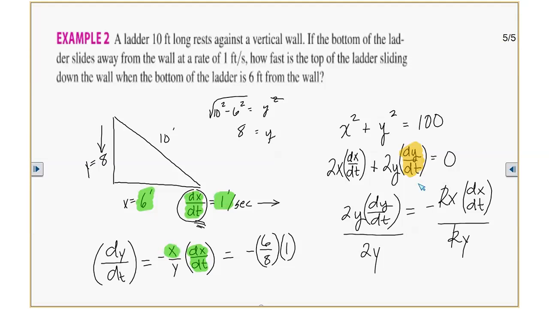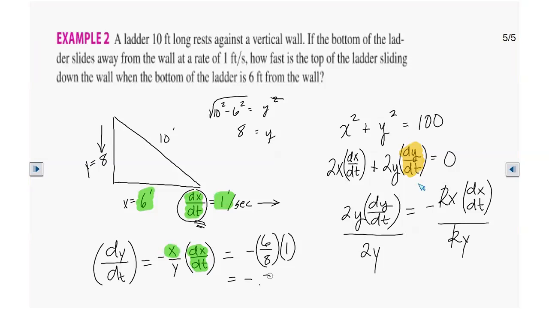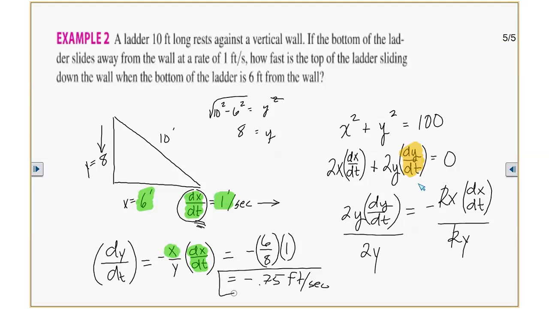And what do you get? Negative what? 6 over 8, 3 over 4, 0.75. Negative 0.75 feet per second. Why is it negative, Hubert? Because it's going down.